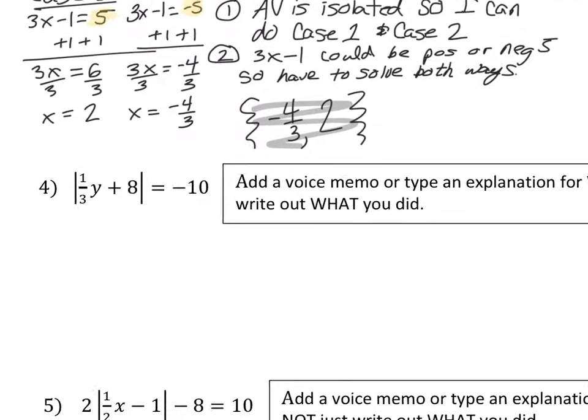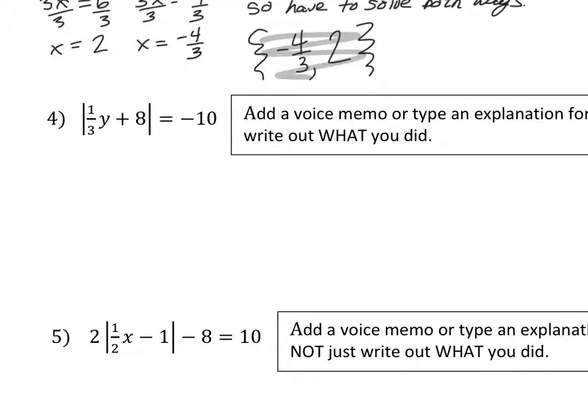Alrighty, number 4 was a bit of a trick. But hopefully now that I've tricked you, you will not forget this trick over the weekend. So notice that the absolute value is isolated. There's nothing that I need to eliminate.